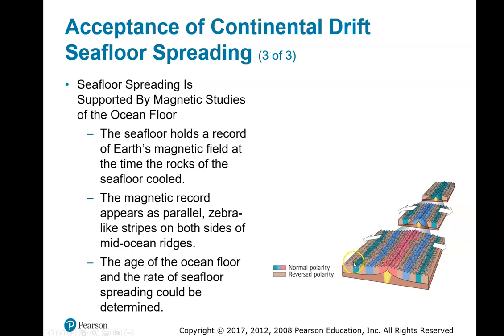So it's showing you basically what the magnetic field was doing hundreds of thousands of years into the geological past, and then where the blue line is, there was a reversal.